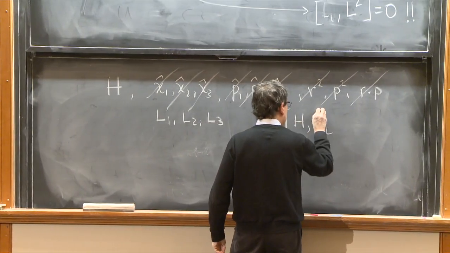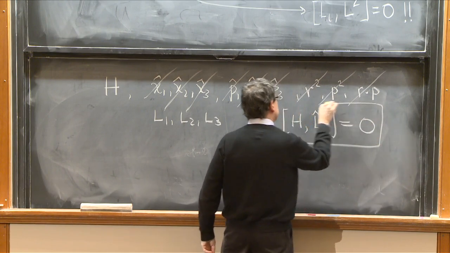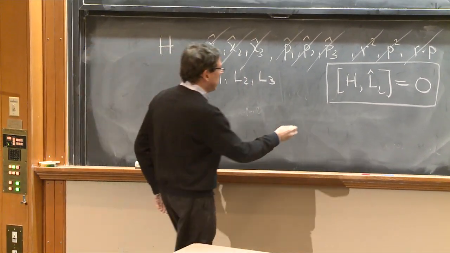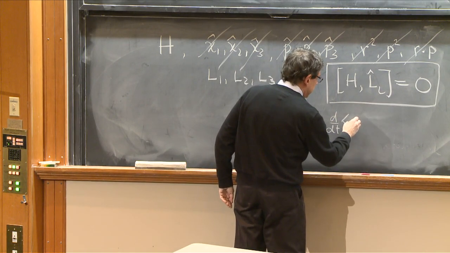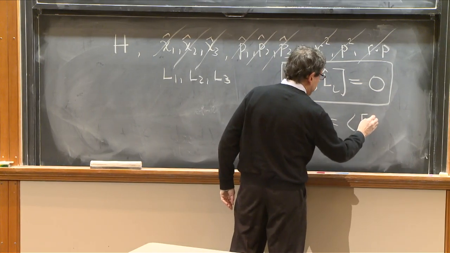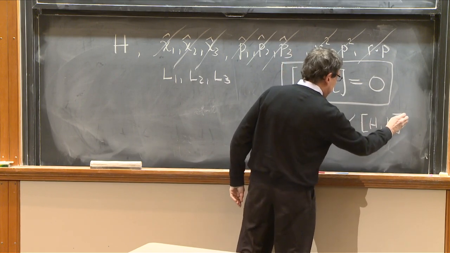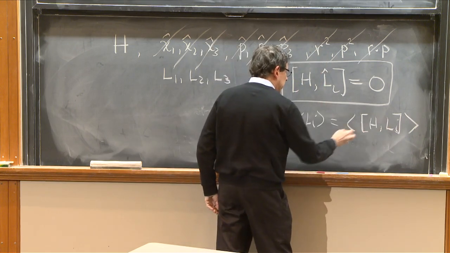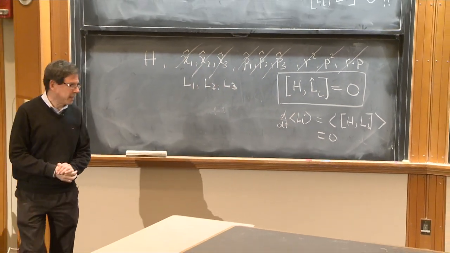That's angular momentum conservation. As we've seen, the rate of change of any operator is equal to the expectation value of the commutator of the operator with the Hamiltonian. So if you put any Li, this commutator is 0, and the operator is conserved in the sense of expectation values.